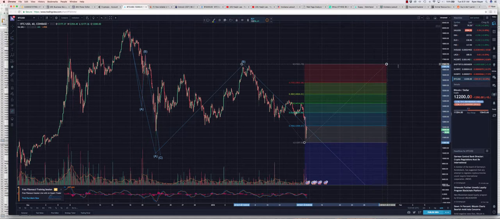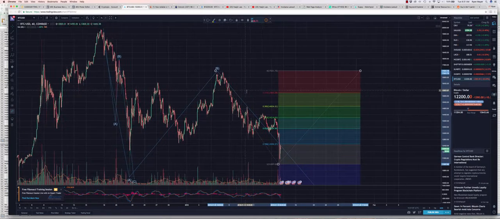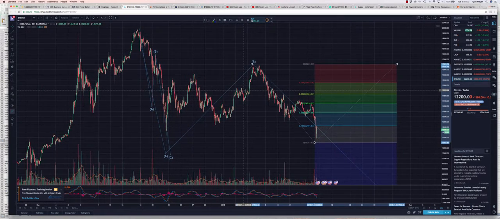Okay. So now when we draw the subwaves of that final C correction, we can see where we may get an extension, where we may go next from this morning's low.